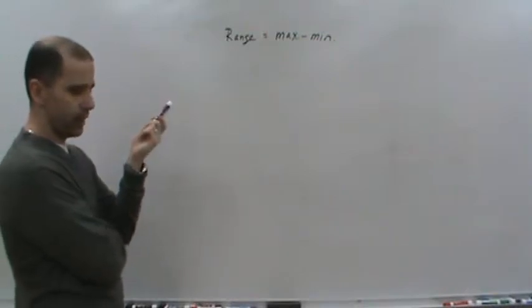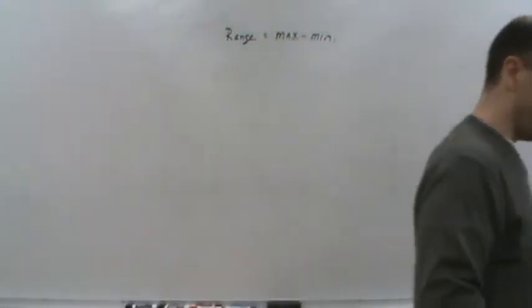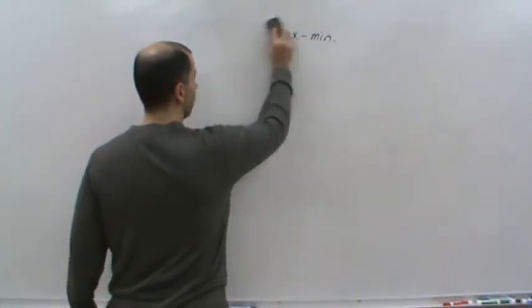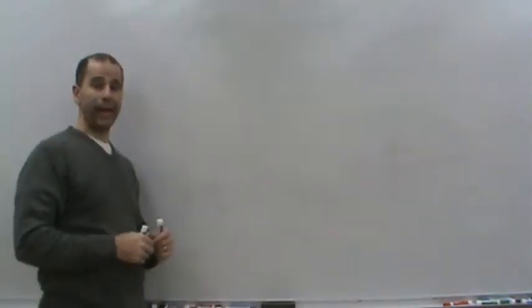The other thing I want to mention when it comes to this topic is something called the coefficient of variation. Now that we've introduced variance and standard deviation, what if we want to compare two values?